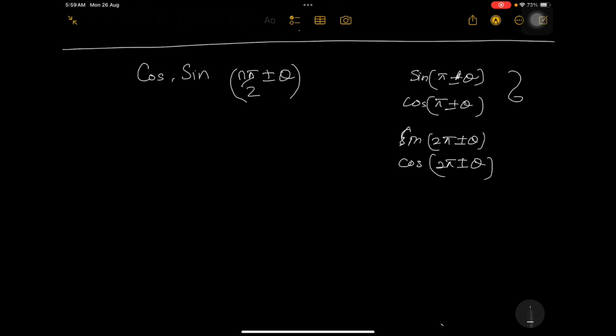Those kind of values we found out easily in the last session. So in this session we are going to find out easily the values for n pi by 2 plus or minus theta.